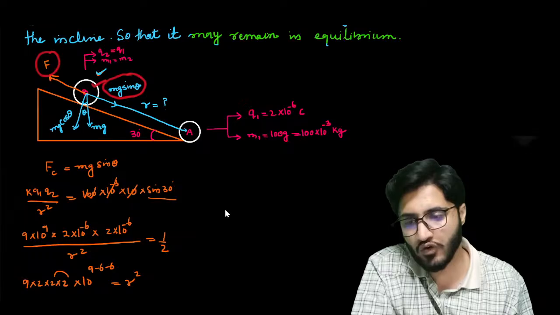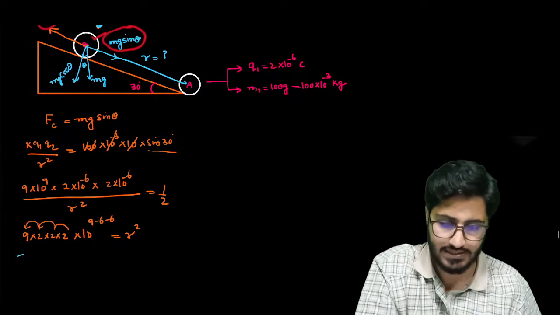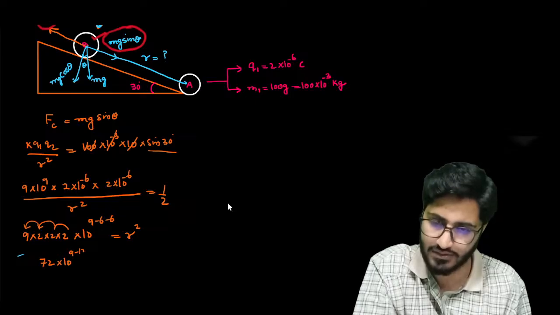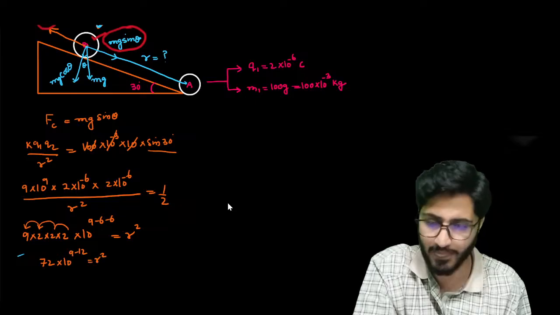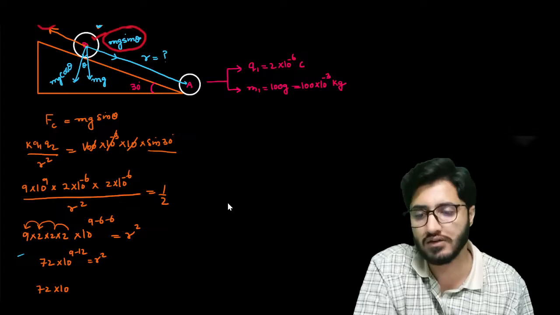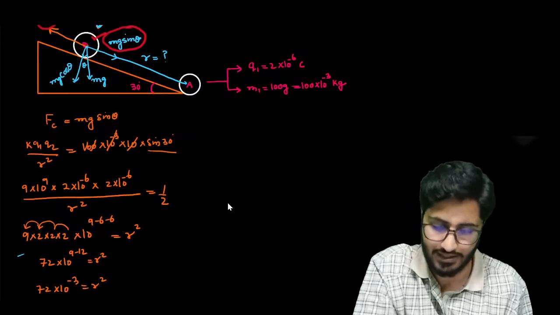Look, 2 2s are 4, 4 2s are 8, 8 into 9, so I can write here, it is 72. So it will be 72 into 10 to power 9 minus 12 equals R square. That is 72 into 10 to power minus 3 equals R square.